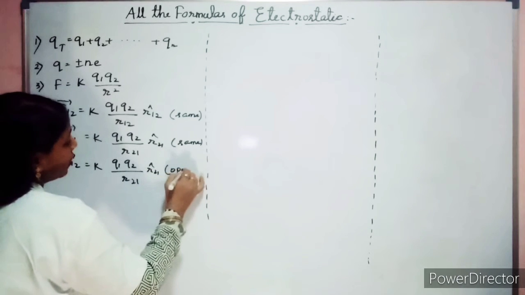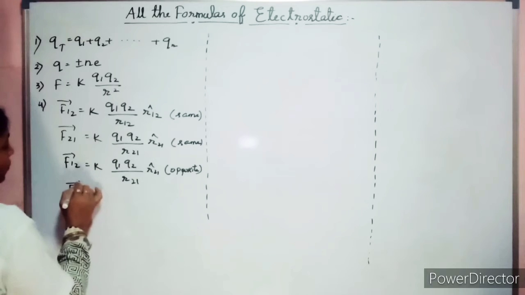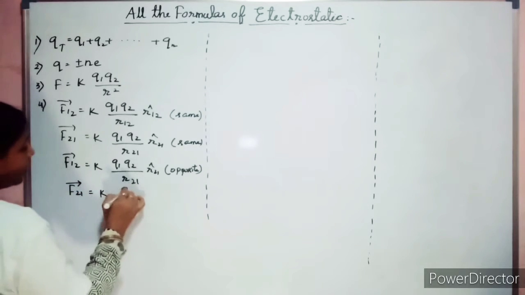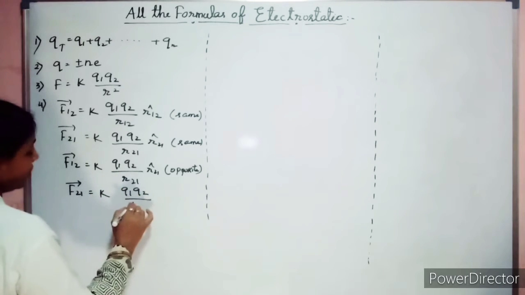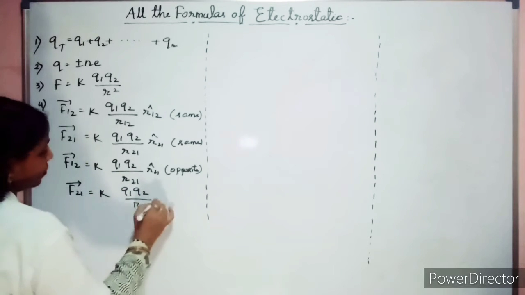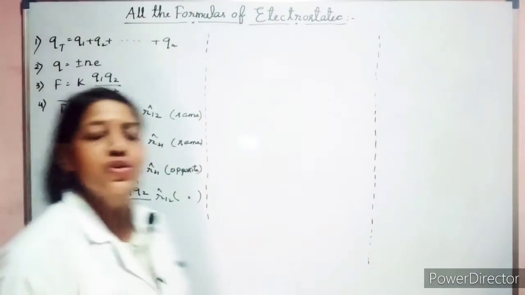It is just for opposite charges. Similarly, F21 equal to K Q1 Q2 by, sorry, it is 12, correct, so it is r12 cap. It is for the opposite charges.